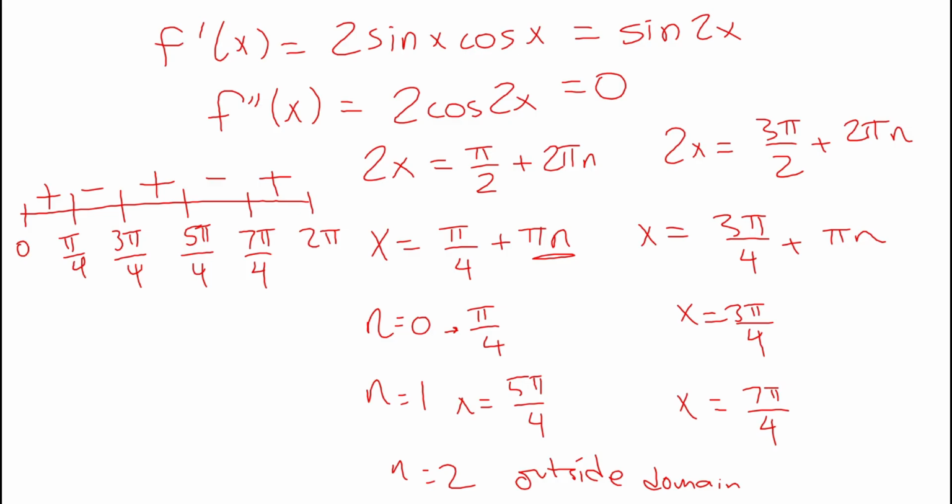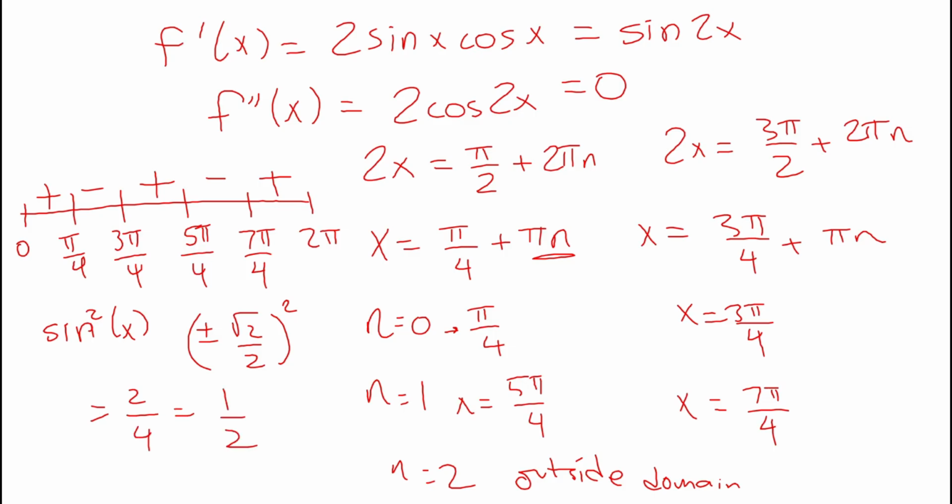But the nice thing here is when I evaluate my function, sine squared of x, well, the sine of pi over 4, 3 pi over 4, 5 pi over 4, and 7 pi over 4 are all either positive or negative root 2 over 2. So when I square them, I'm just going to get root 2 over 2 squared, which is just 2 over 4, which is just 1/2.